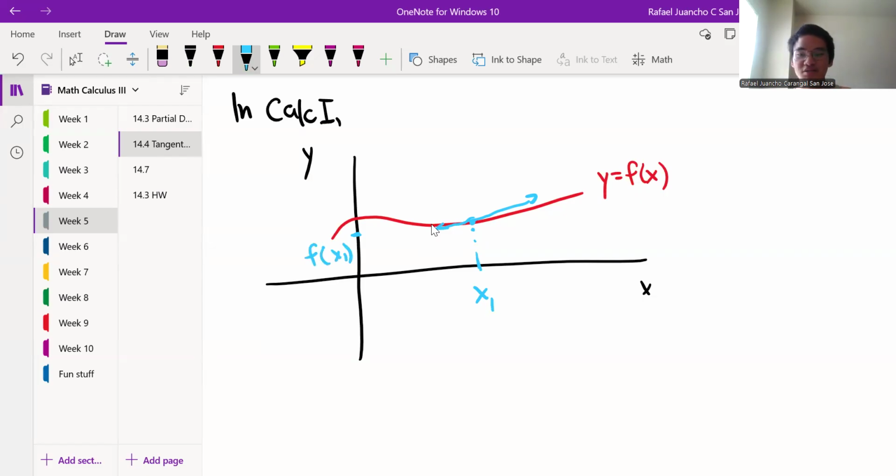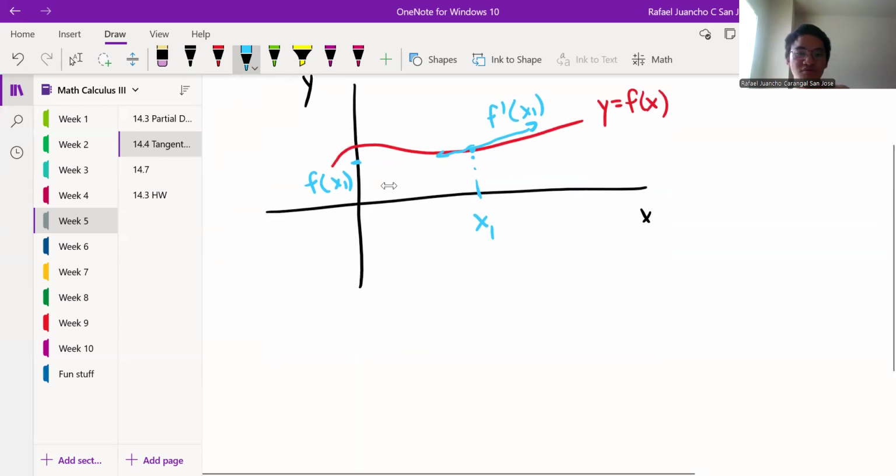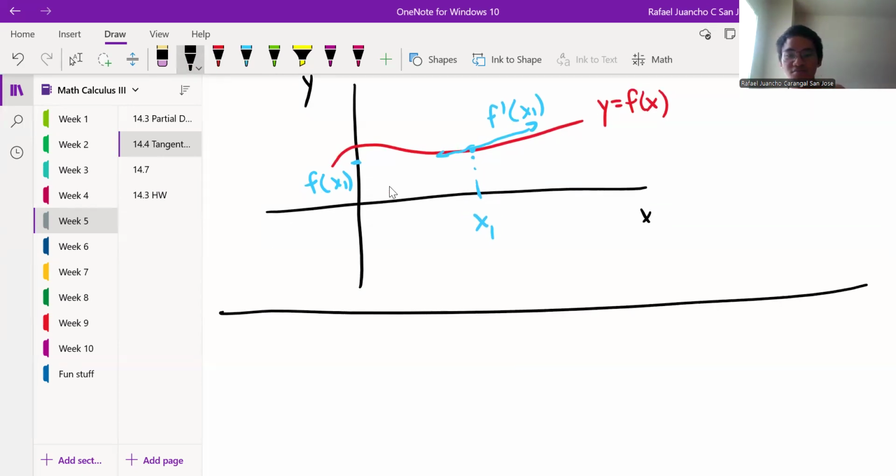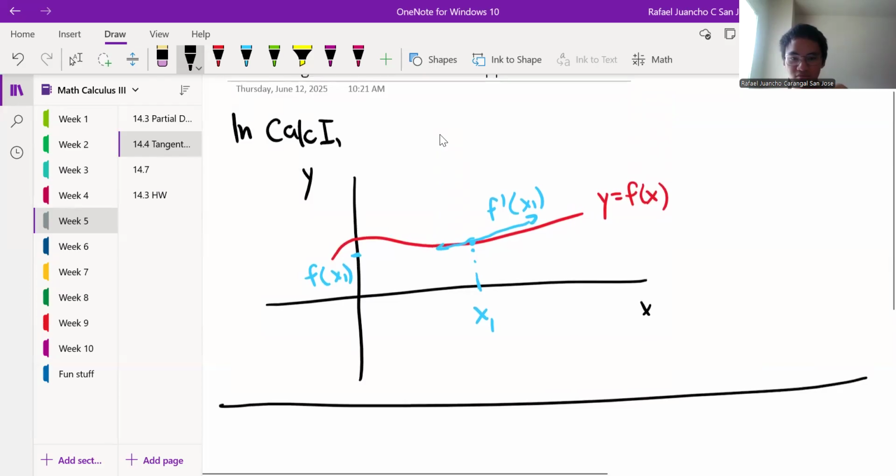And so how do we take its derivative? Well, we get the function and then we take its derivative at that point. And there we can determine how fast, or what's the rate of change, at that point. And we also call this the tangent line at that point, right? So let me reiterate.